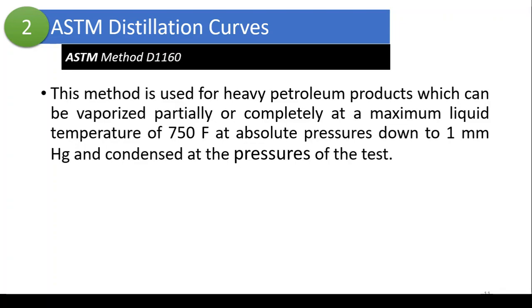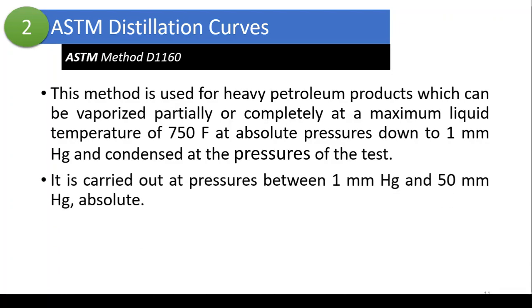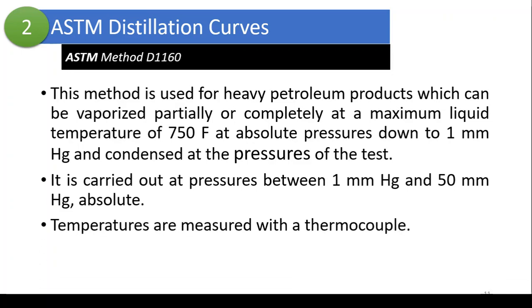This means you have not gone for the lighter fractions; you have to do the ASTM D1160 for the heavier products, because it can be carried out at a lower pressure between 1 mmHg and 50 mmHg absolute, and you can also measure the temperature by a thermocouple.